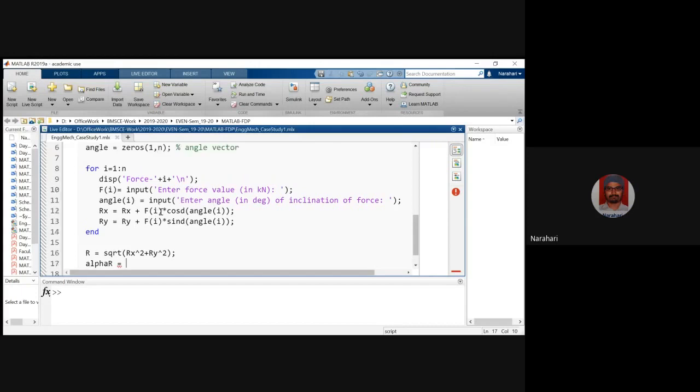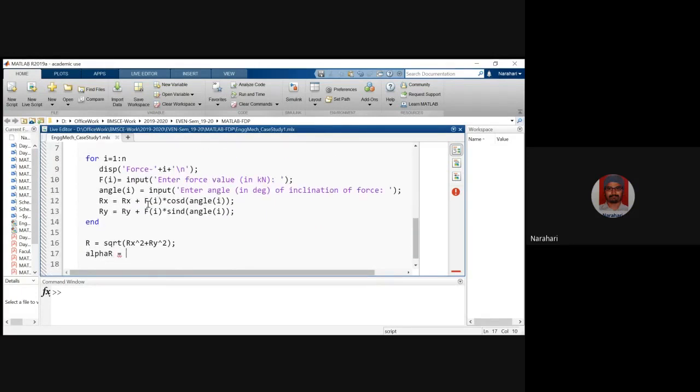See, F of i, this particular term that I've highlighted, is a single value. It is just one number, equivalent to a scalar. Angle of i is also a scalar. Even though angle and F are both vectors, F of i and angle of i are single values, just simple normal scalars.